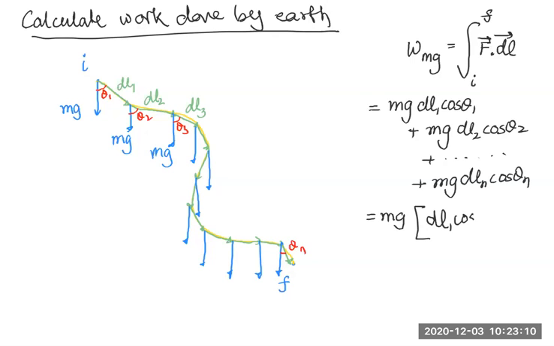dl1 cosine theta 1 plus dl2 cosine theta 2 plus dln cosine theta n. Can anybody guess what is dl1 cosine theta 1? Look at the diagram. What is dl1 cosine theta 1?